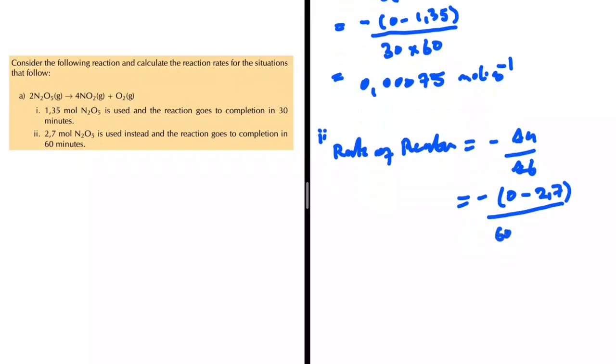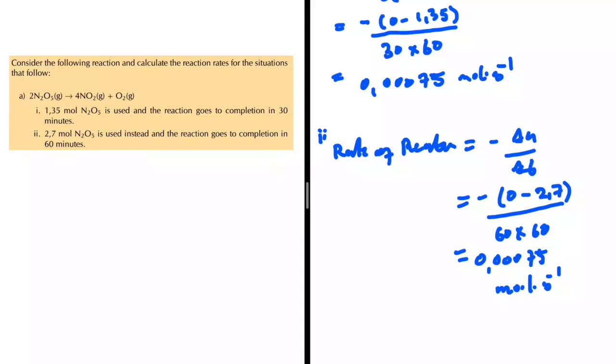So that is 60 multiplied by 60. So substituting that in my calculator, I have 2.7 divided by 60 multiplied by 60. And then this is equals to 0.00075 moles per second.